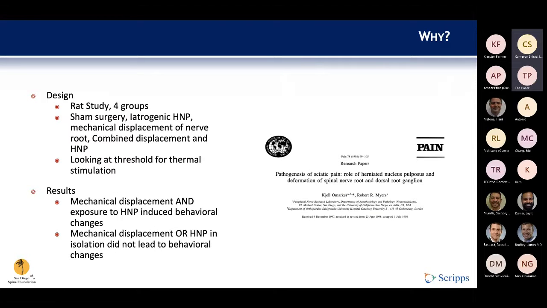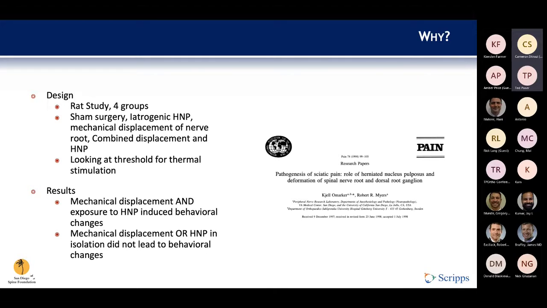Here's another rat study, 4 groups. Within these, they were looking at the role of HNP in the deformation of spinal nerve roots and dorsal root ganglion, and treatment of that. So they had 4 groups: a sham surgery, an iatrogenic HNP, mechanical displacement of the nerve root, and combined displacement and HNP.